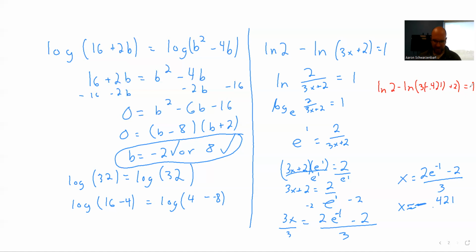Because I'm doing it on the calculator, I can use previous answer. If you don't use previous answer, there will probably be a little round-off error. Mine checks out as true, so there we go. That's my solution. And that's a little review on solving exponential and logarithmic equations.